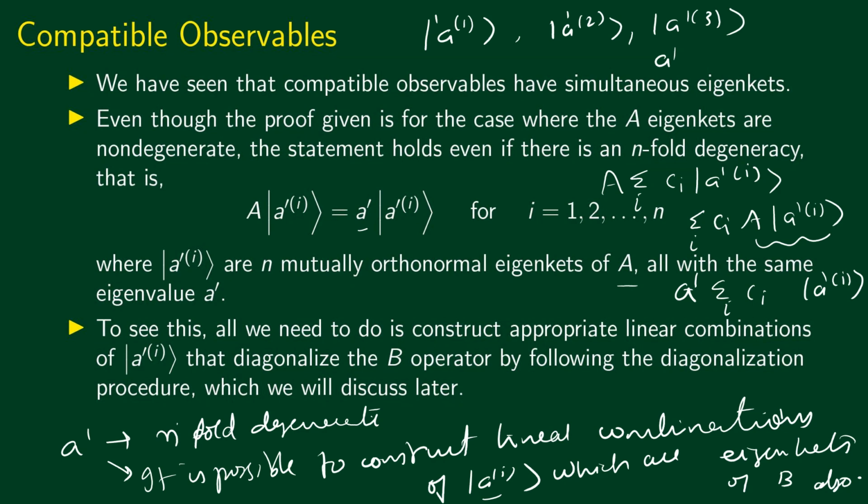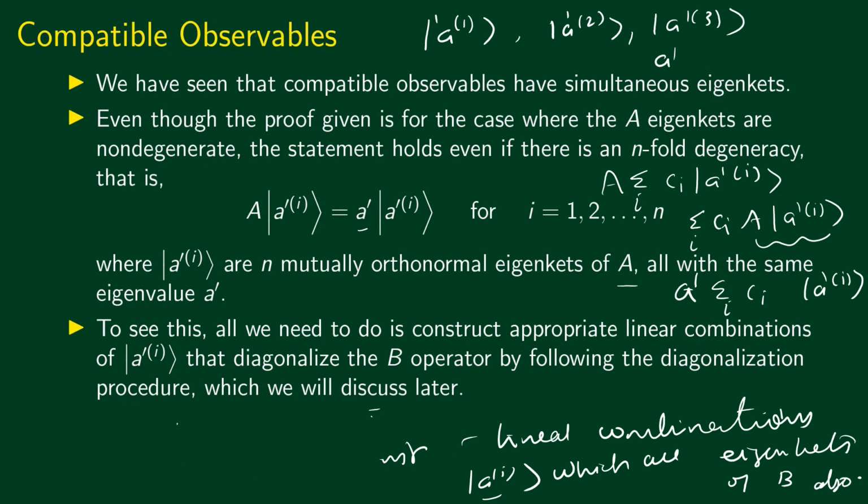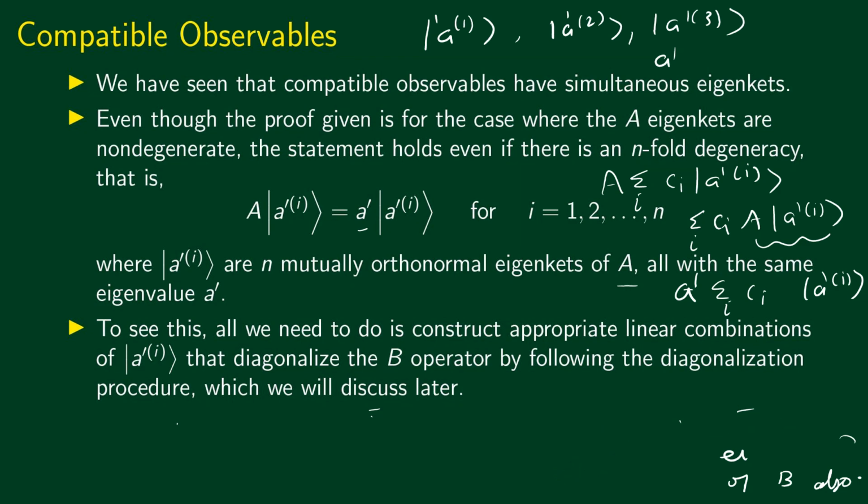We don't prove it here; we'll be doing it later. To prove that compatible observables have simultaneous eigenkets, all we need to do is construct appropriate linear combinations of a prime i which also diagonalize the B operator, in other words, which are also eigenkets of the B operator.